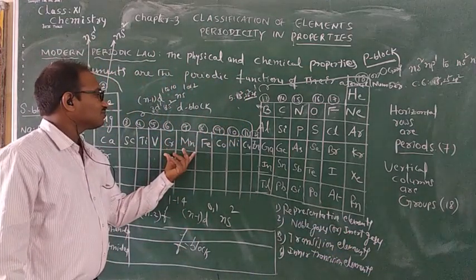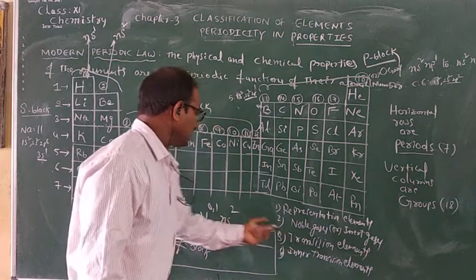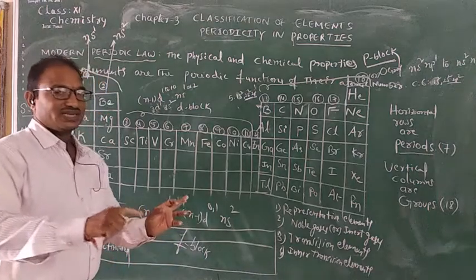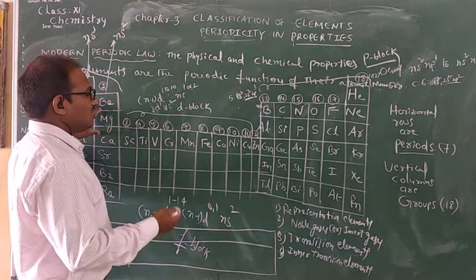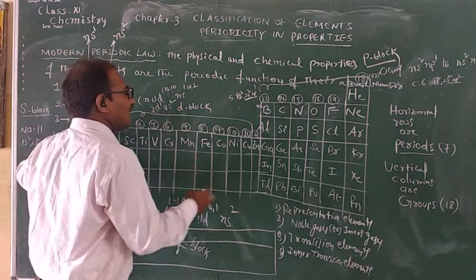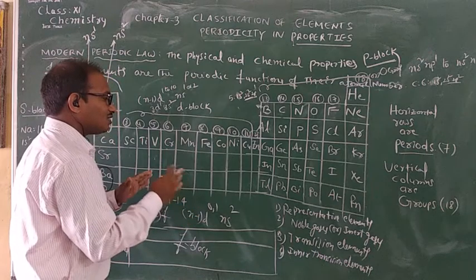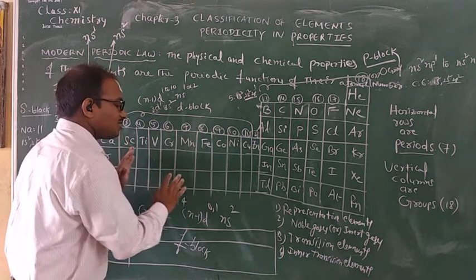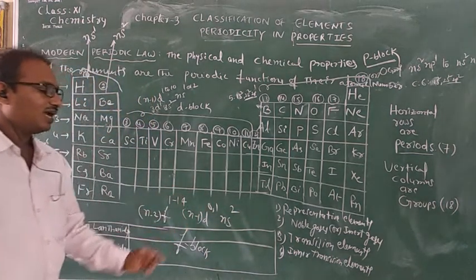And just now I explained about the d block. The same d block elements are nothing but transition elements, and f block elements are nothing but inner transition elements. Transition means changing. Between the s block and p block elements, these elements are placed, and the properties of these d block elements are also changing. That is why the name transition elements has come.